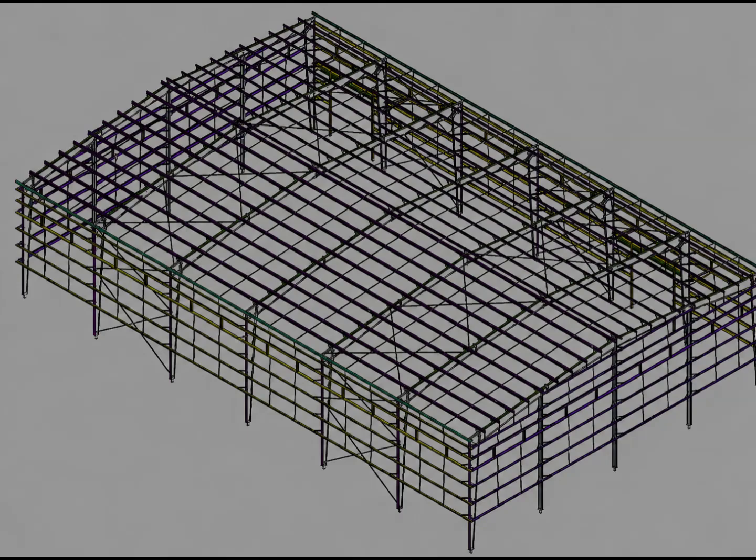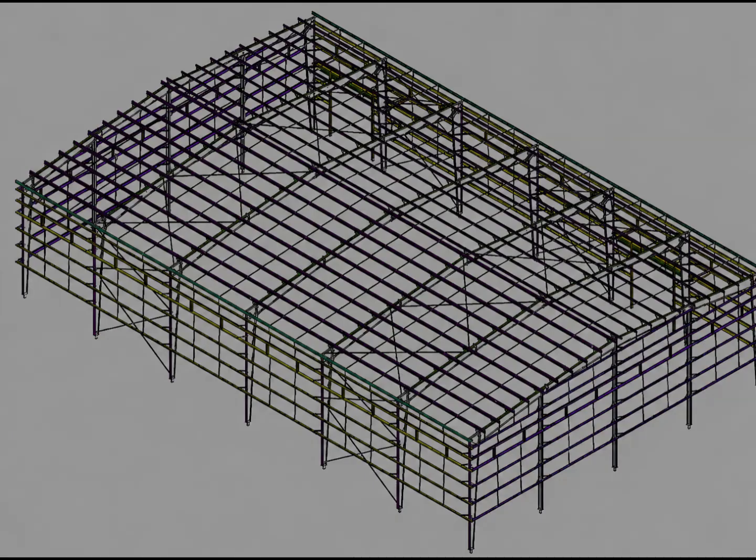For a practical PEB detailing workflow, we can think of the process like this. First, read the framing plan. Second, identify the member name and location. Third, locate the corresponding framing bay. Fourth, find the supporting members.